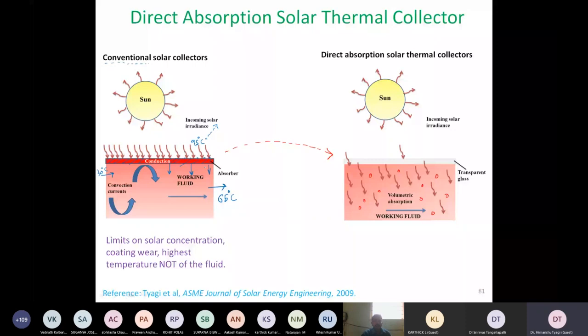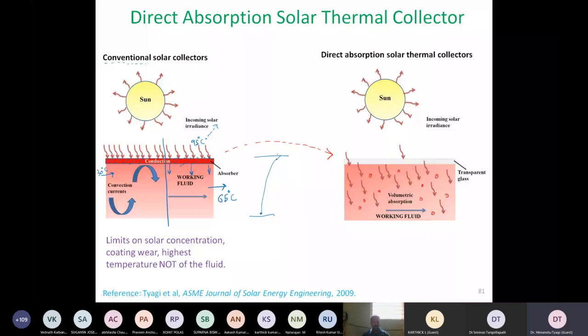And that is the second disadvantage of this particular design. If I take a cross section over here, I draw a line and I want to find out the temperature distribution, you know how the temperature distribution will look: the highest temperature is at the top, then there is a sudden reduction in temperature over here, then the fluid will have very low temperature over here. And why will it have very high temperature on the top?